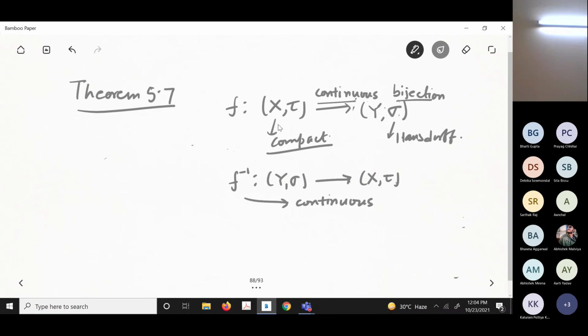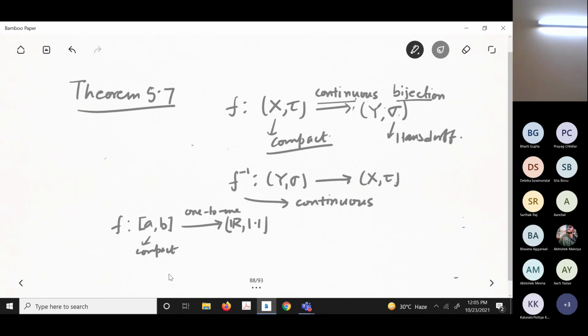Look here, what I'm doing: domain is compact, range is Hausdorff, and a continuous bijection. Special case, what you're supposed to know at least in B.Sc: by Heine-Borel theorem, it can also be proved directly that this is compact in the real line. If you take a real valued function here, so this is Hausdorff, this is compact. Here you are taking the usual distance metric. And suppose you take a one-to-one function, an injection.